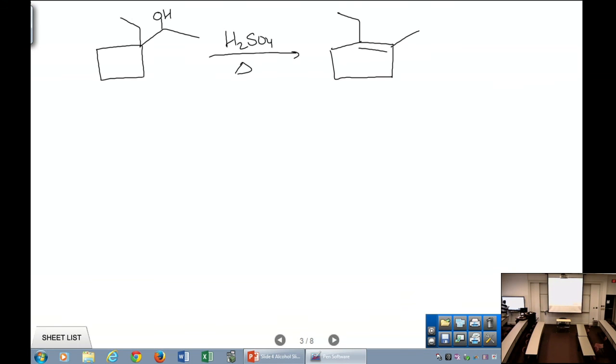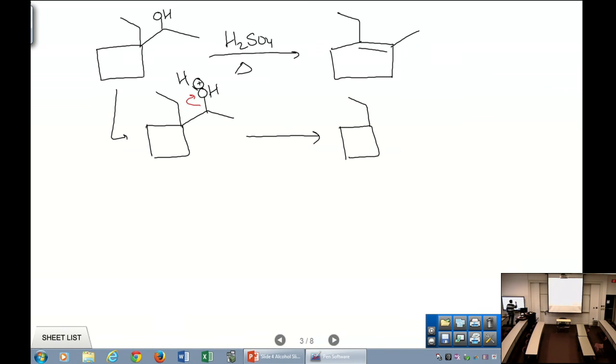Now, of course, this is because you make your protonated alcohol. That alcohol leaves as water. Now I have a carbocation beside a small ring. That ring can expand.